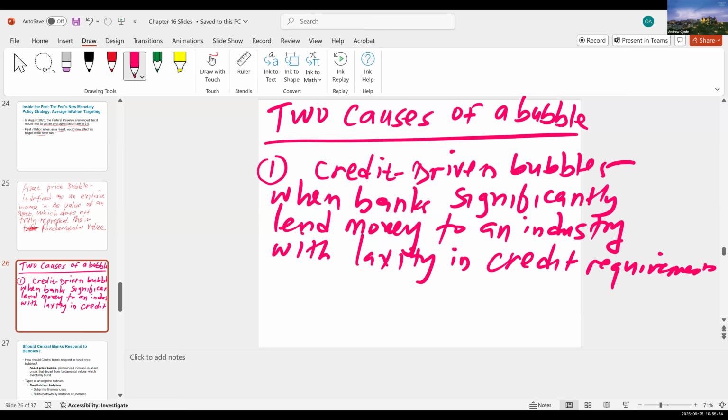The second cause of a bubble is what we call bubbles driven by irrational exuberance of the investors.